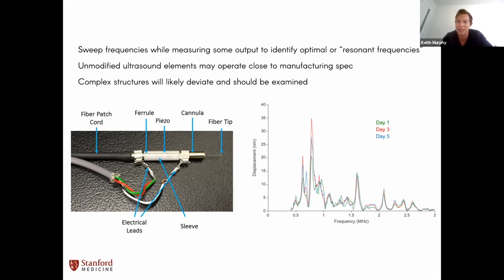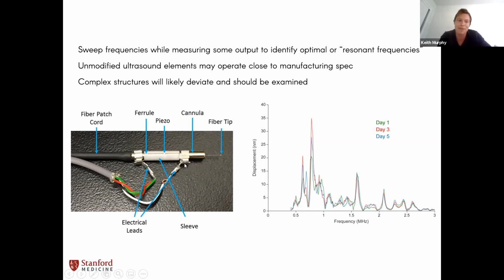That deals with how wide the element is, what the voltage is, and so on. But once you start adding all of these other components and you're dealing with waves propagating across different acoustic impedances and reflections coming back, then your optimal frequency may have very little to do with the piezo alone, but rather the bulk structure.